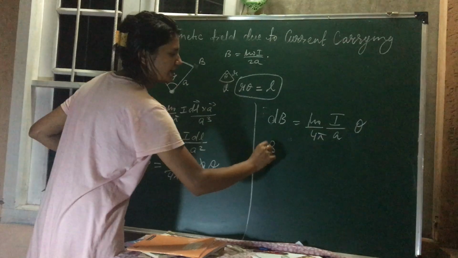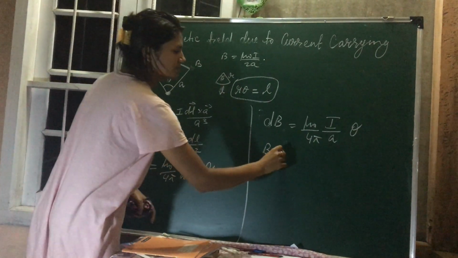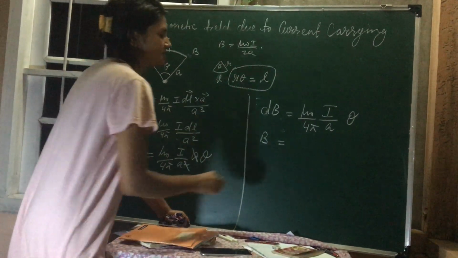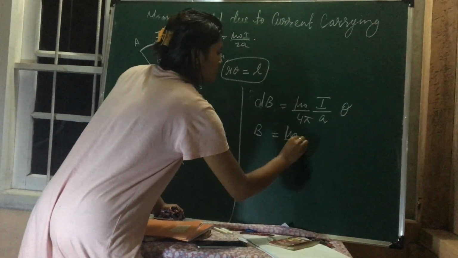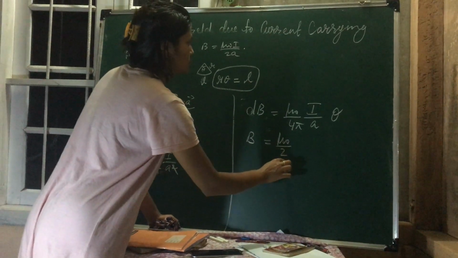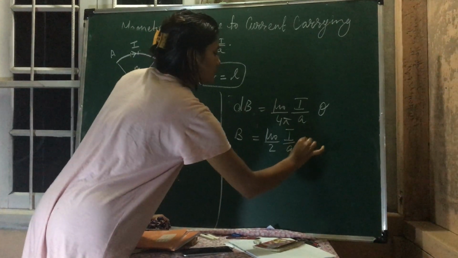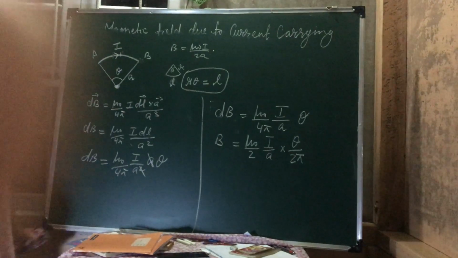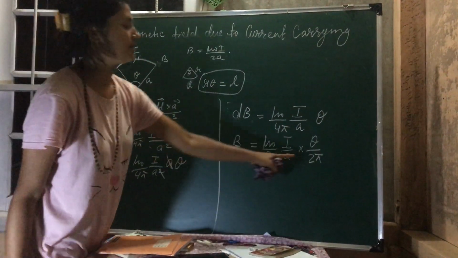I can write B the same way as mu 0 by 2, I by A, into theta by 2 pi. Can I write it? Yes, theta by 2 pi.